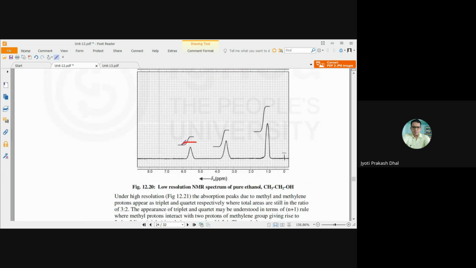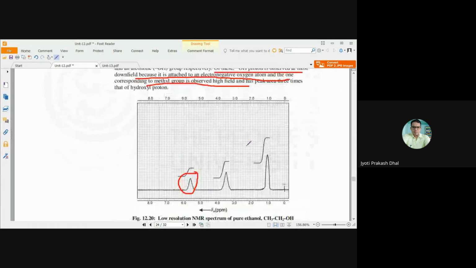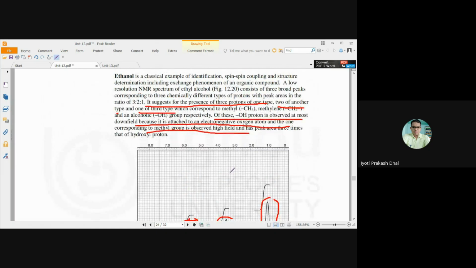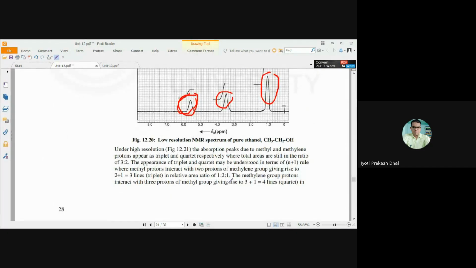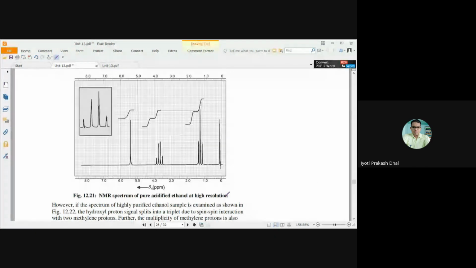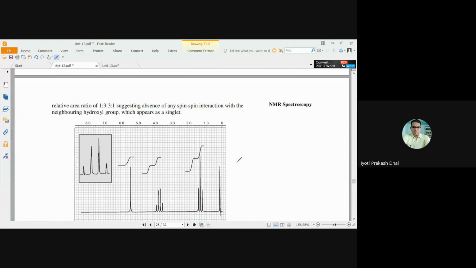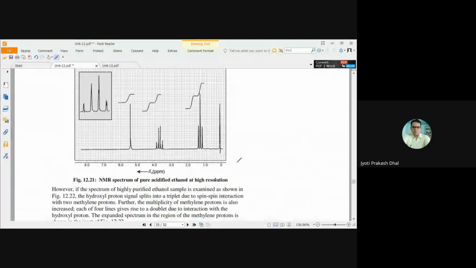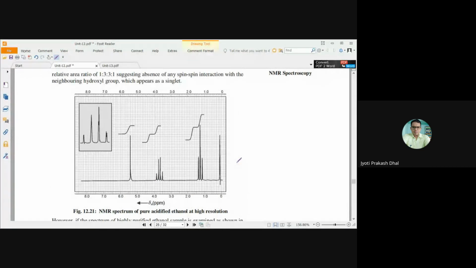So this OH proton is at the downfield, and this is at the upfield. CH3 at the upfield, OH proton at the downfield, and this is the peak for CH2. And similarly, you will observe the NMR spectrum. If you observe the splitting, that means high resolution NMR spectra.